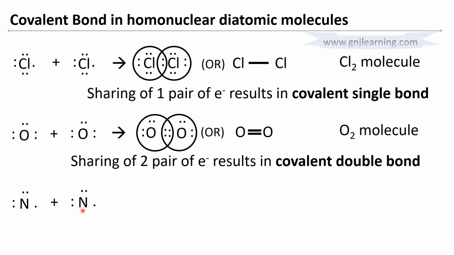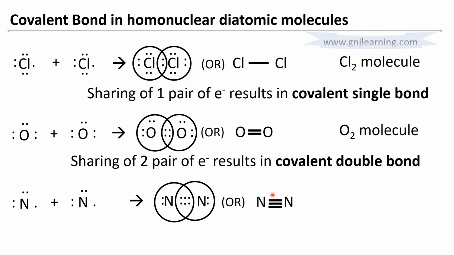They decide to share 3 electrons from each side, making a total of 6. You can see here 6 electrons are shared, 3 from this and 3 from this. So how many lines will be drawn between them? There will be 3 bond lines, or we call it, in the case of the nitrogen molecule, a covalent triple bond.